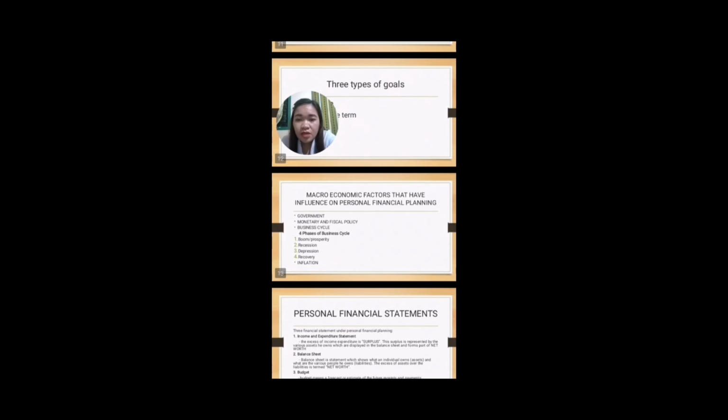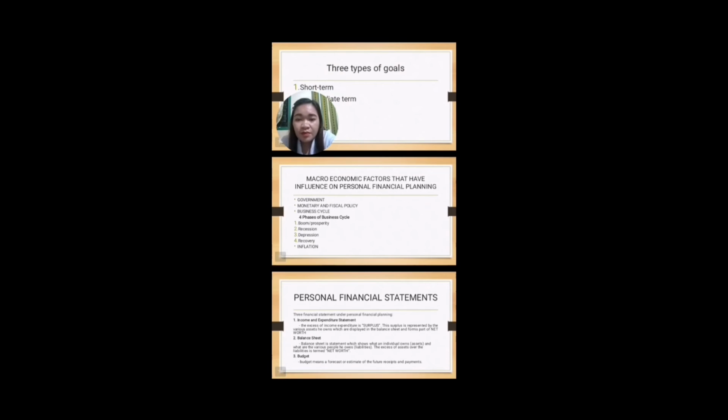Microeconomic factors that have influence on personal financial planning. So, included rin ang government, monetary and fiscal policy, business cycle, o ang inflation. So, 4 phases of business cycle.